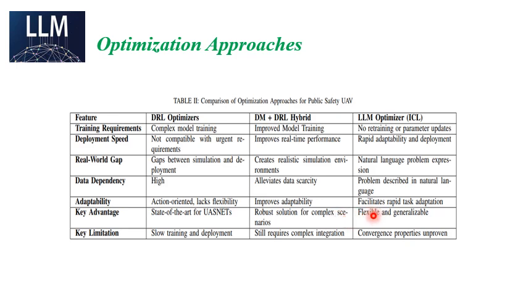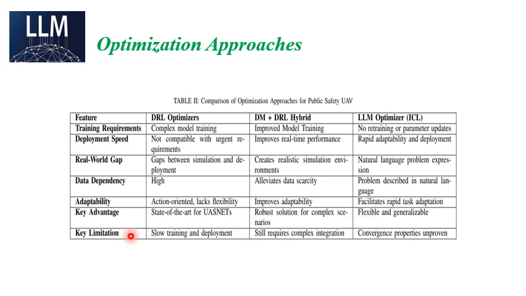DRL optimizers are state of the art for UAV-assisted sensor networks, and when combined with a diffusion model, they are a robust solution for complex scenarios. And ICL or LLM optimizers are flexible and generalizable. We can easily generalize them.